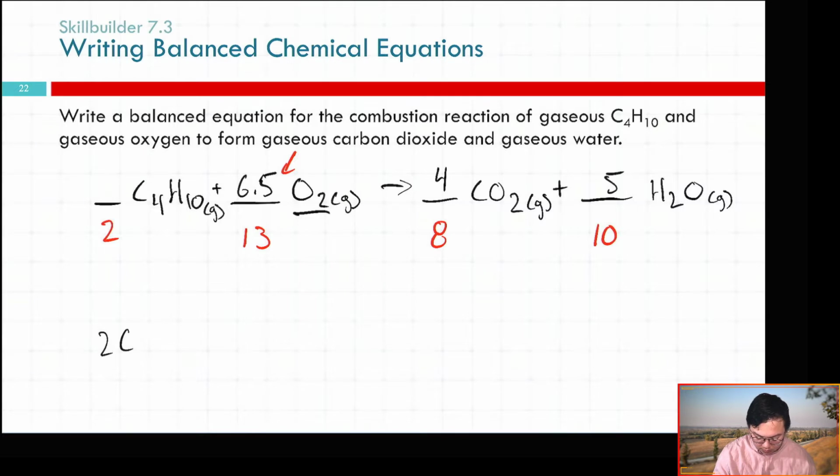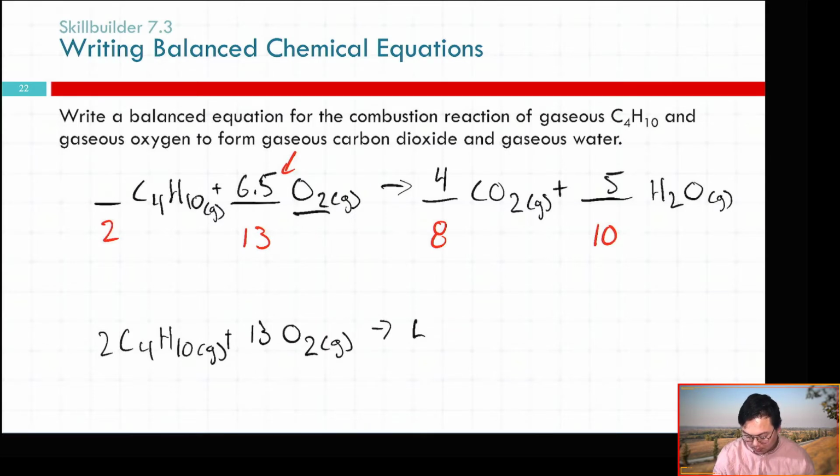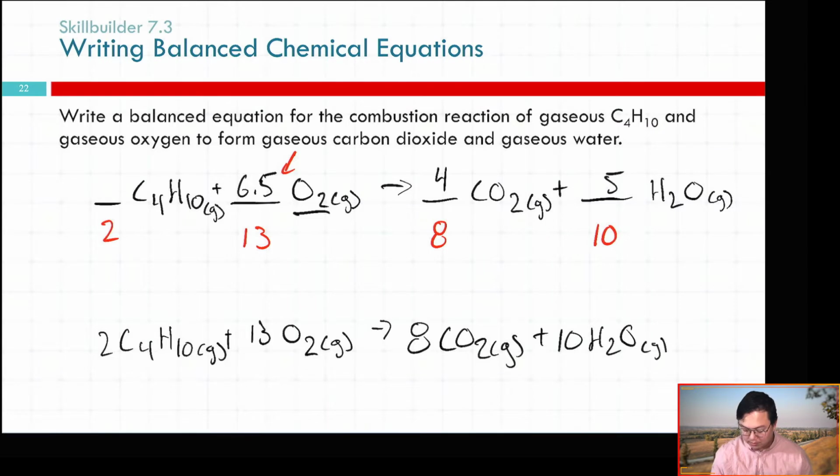So 2 C4H10 gas, 13 O2s gas, 8 CO2 gas plus 10 H2O gas. And that would be your balanced chemical equation, or chemical reaction.